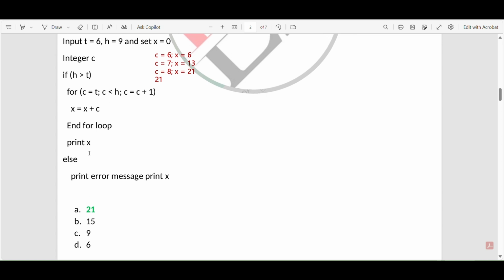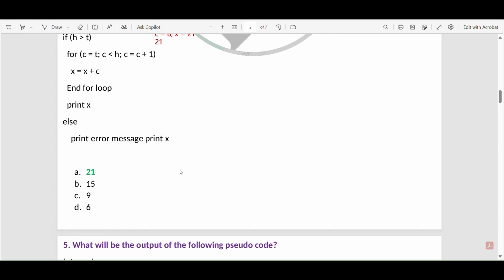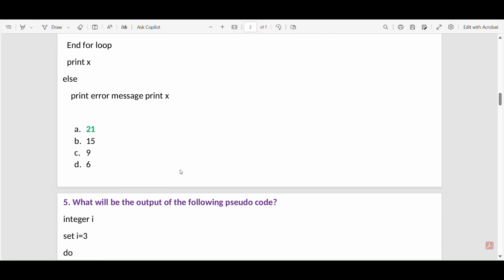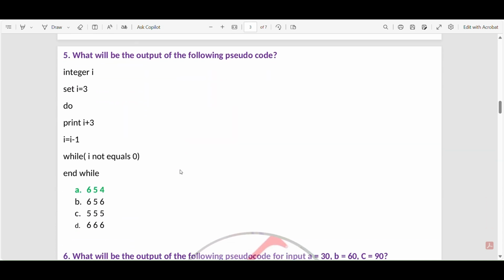So we'll be directly printing x, and if h is not greater than t, then you need to print an error message. Okay, that is all about the fourth question.